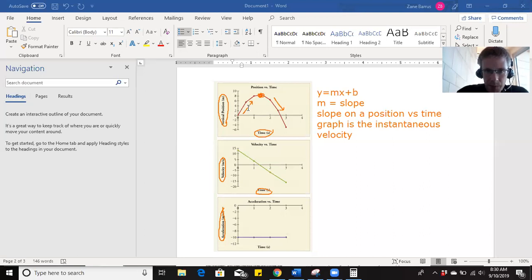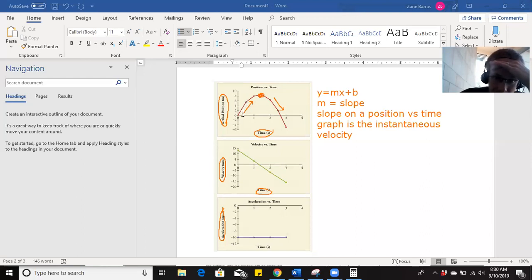So, for example, you can see that this object, whatever it is, as it's being launched upward, has a slope that's very sharply increasing.